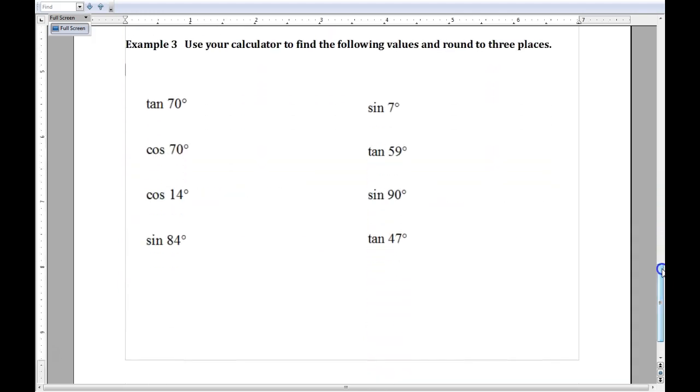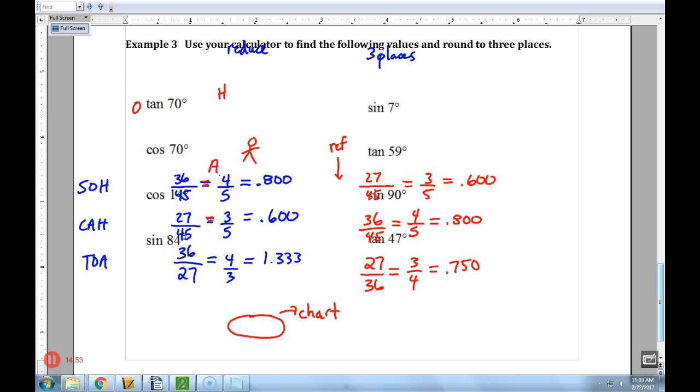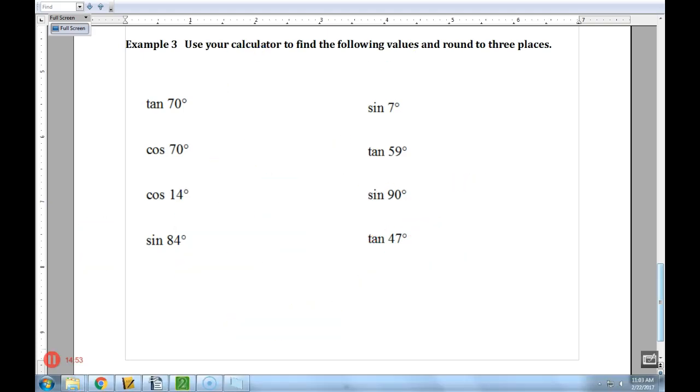In order to solve triangles and find out angles or sides, we need to have all of these already worked out in the calculator. So let's see what the tangent of 70 degrees is. In my calculator, first thing, whatever type of calculator you have, check the mode button and make sure that you are in degree mode.